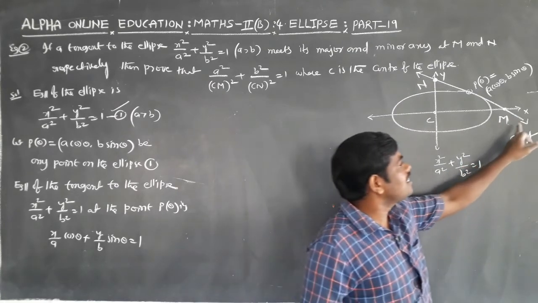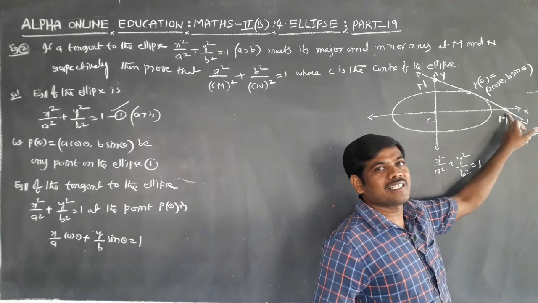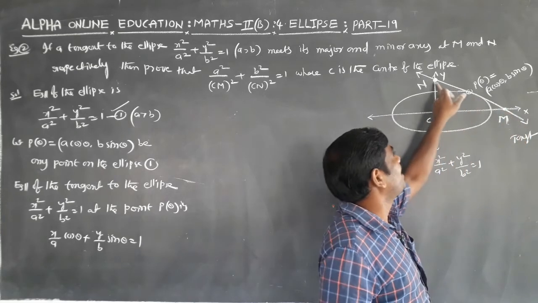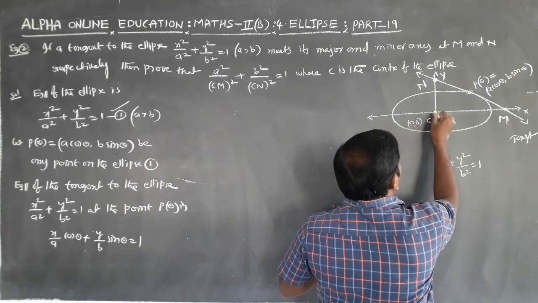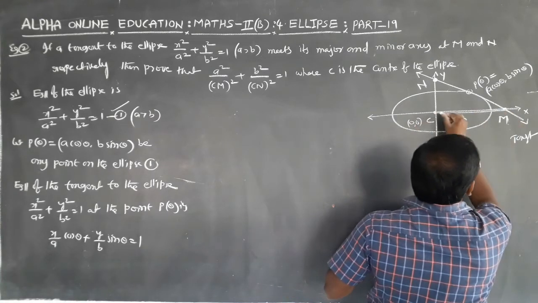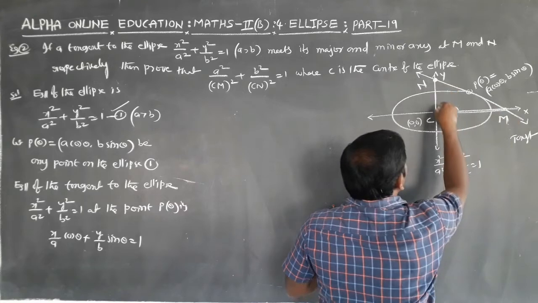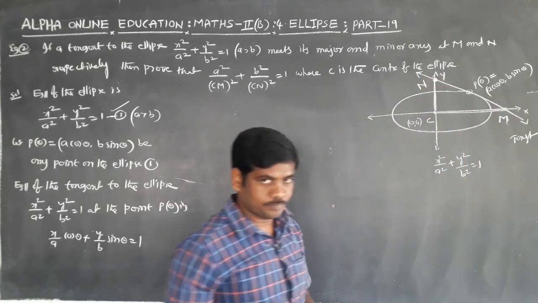Here the tangent meets the x-axis at M and the y-axis at N. C is the center of the ellipse. So CM is the x-intercept and CN is the y-intercept.